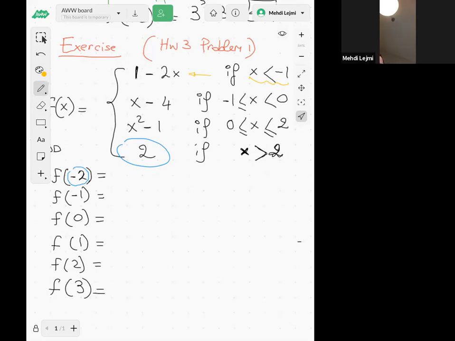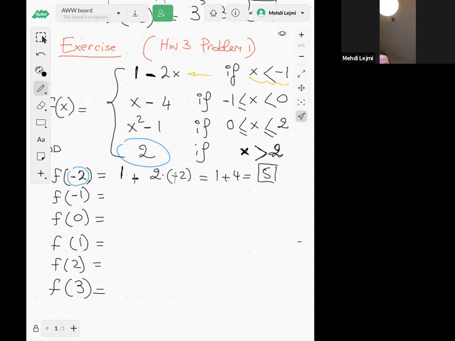So f of -2 is 1 minus 2 times x, and my x is -2. As I said, guys, my advice is that whenever you have a negative number, use parentheses. It looks better. Because of the negative, it becomes a plus, so that's 1 plus 4, which is 5. So the answer here is 5.